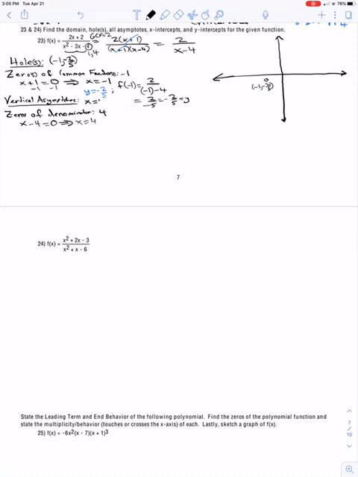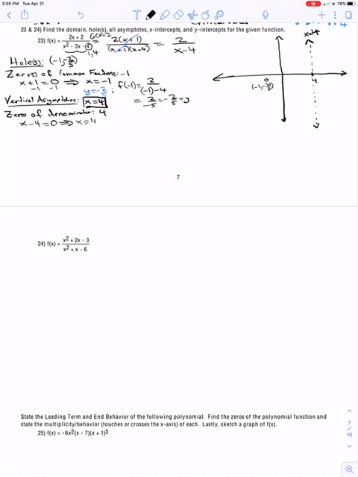So that means we have a vertical asymptote, which is the equation of a vertical line. X equals constant, and we can go graph that in. So over here at 4 on the x-axis, right, our graph is going to go vertical. So I'm going to draw an imaginary vertical line at that location. There's x equals 4.